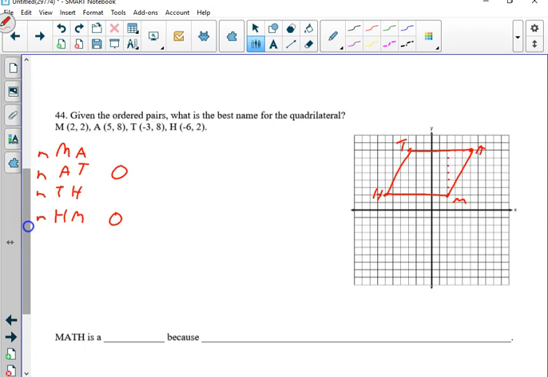Right, 1, 2, 3. 6 over 3, which is 2. Same thing for the other one. So opposite sides are parallel. And then I can count 1, 2, 3, 4, 5, 6, 7, 8 on each.